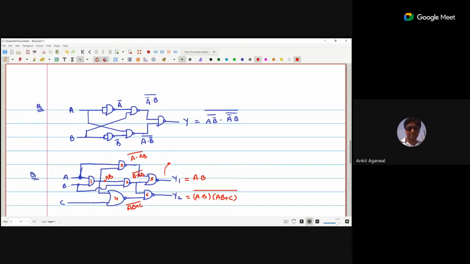Now here we are getting (A dot AB bar plus B dot AB bar) whole bar. And here we are getting B dot AB bar into AB plus C bar, and whole bar.